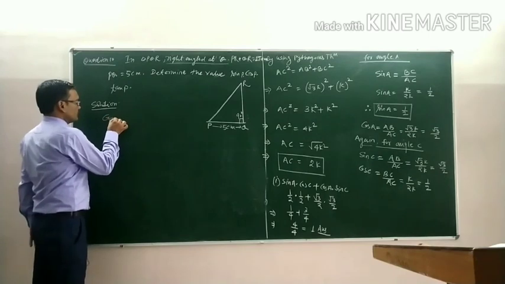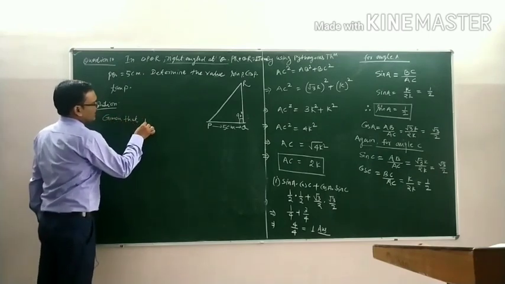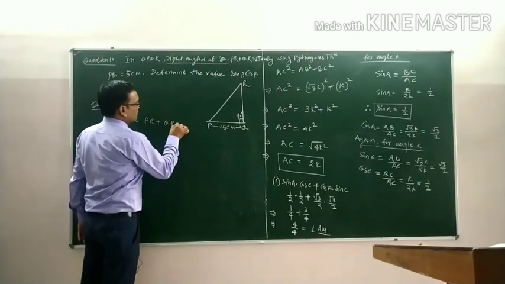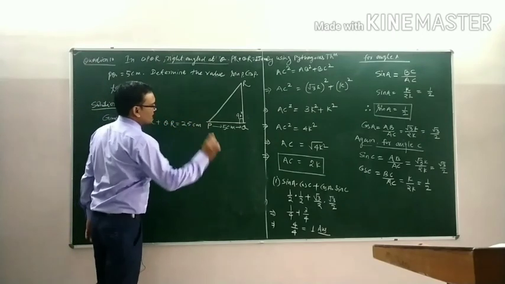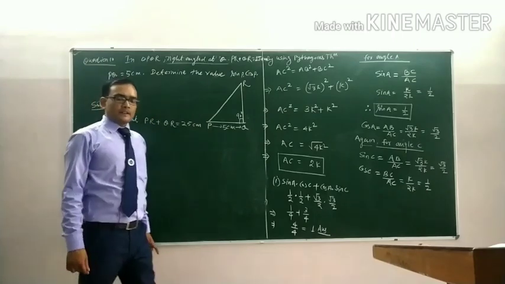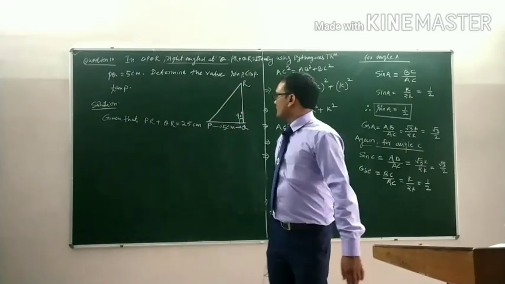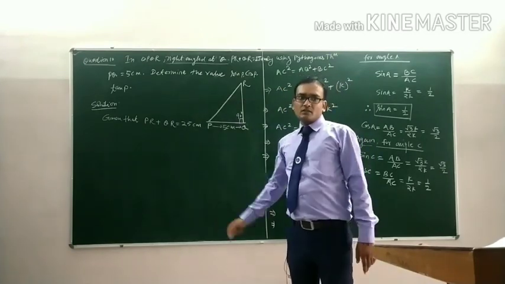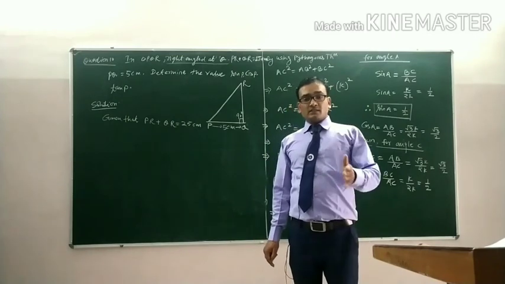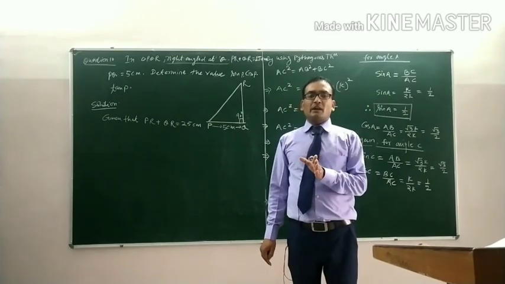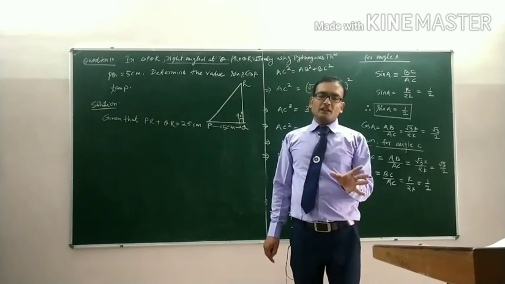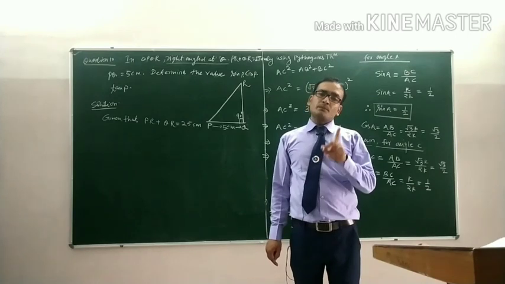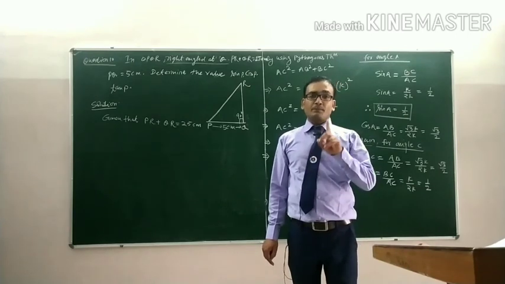Given that PR plus QR equal to 25 centimeters. Here the sides QR and PR are not given separately, but in this question the sum of PR plus QR equals 25, so we find the values of PR and QR separately.